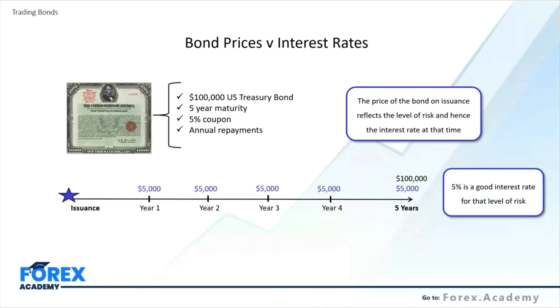We get our last $5,000 coupon payment, as well as the full principal, which is $100,000, back from the bond. So effectively, you can see the layout of the loan. It was a 5 year loan with the interest paid through annual payments and then the principal paid at the end. So 5% is, of course, a good interest rate for the level of risk at the time of issuance.